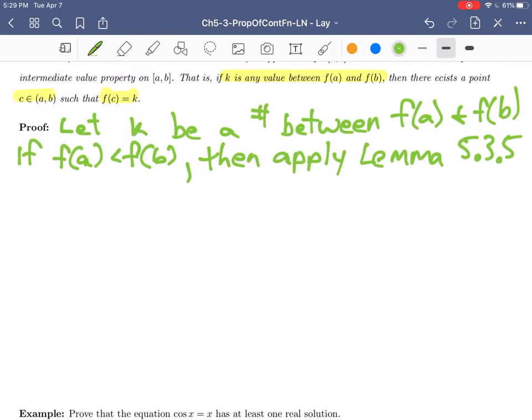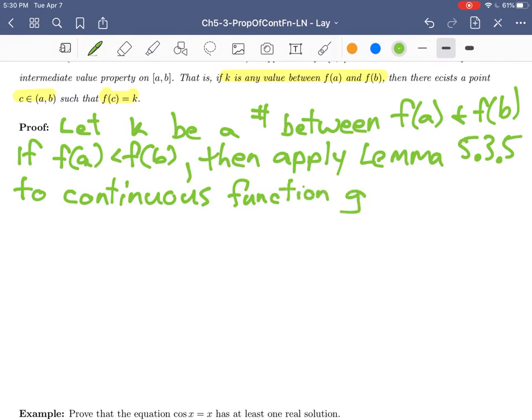So we can apply Lemma 5.3.5 to the continuous function g.